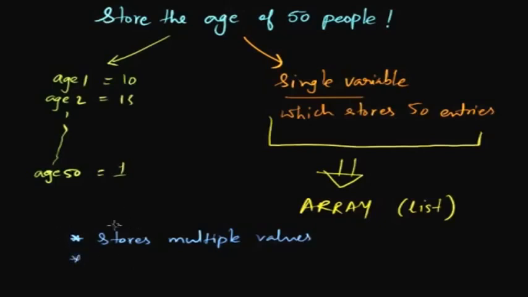And these values or these entries are of the same type. So it can store multiple integers or multiple floats or multiple characters. It cannot store one integer and one float. So the values need to be of similar type.